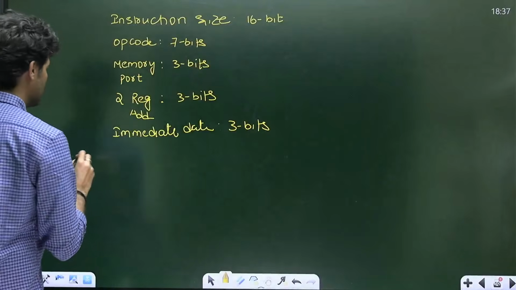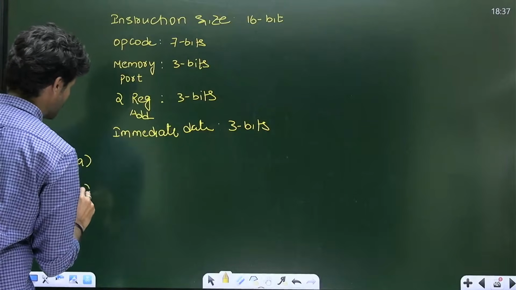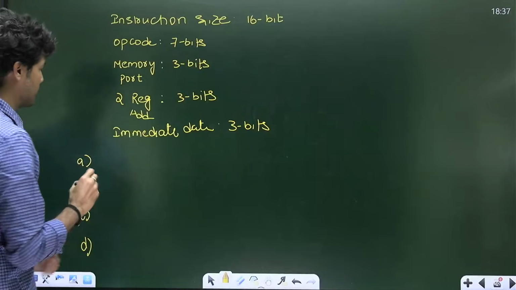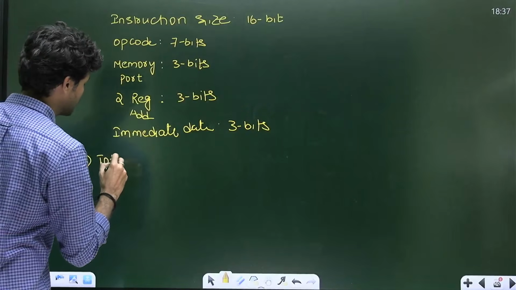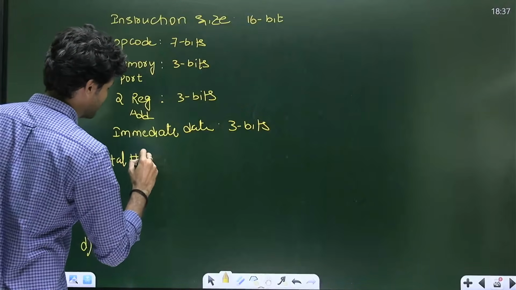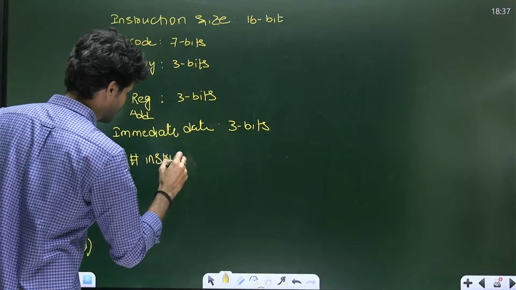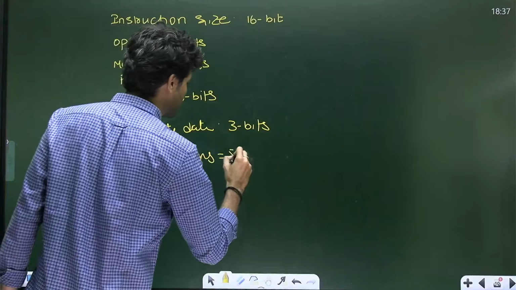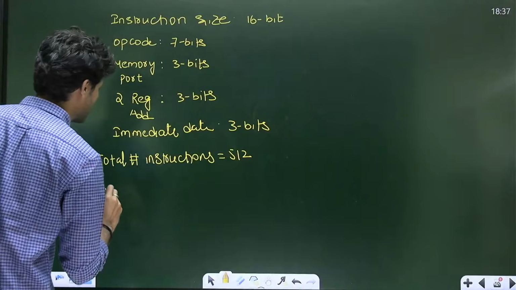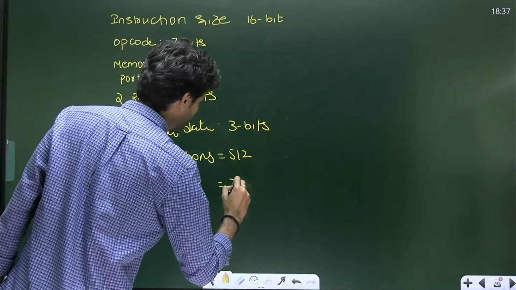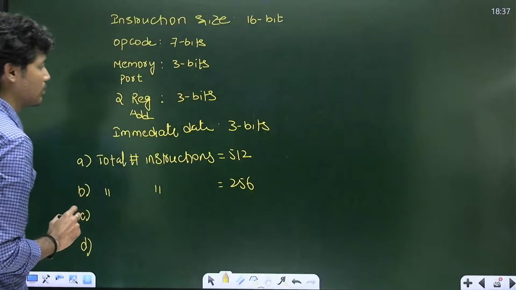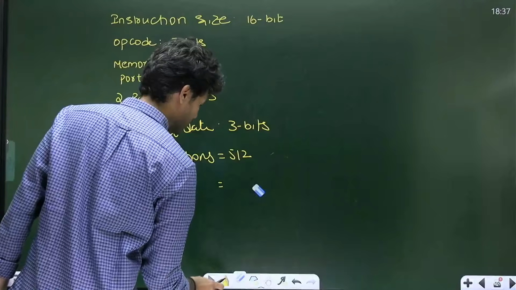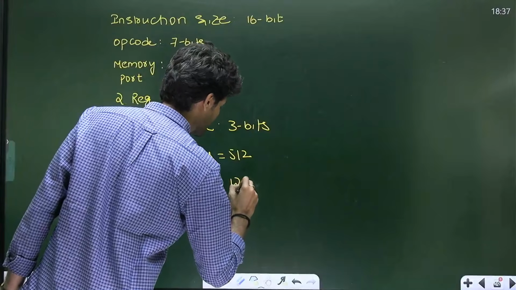So given this, you have 4 options. It's an MSQ question. The options are how many instructions we can have. So total number of instructions is given as 512 in one option, and 256 in one more option. No, I think 512 and 128.